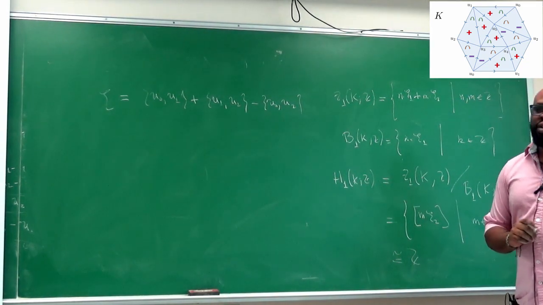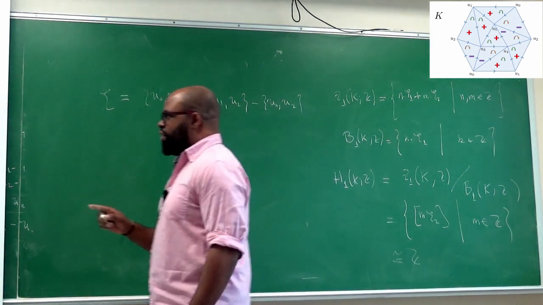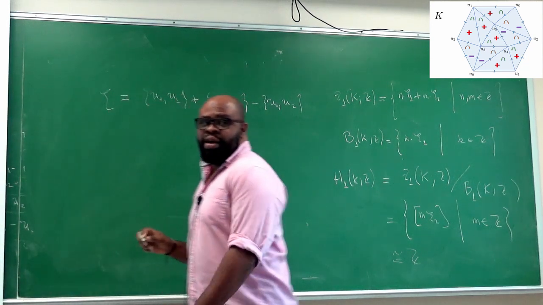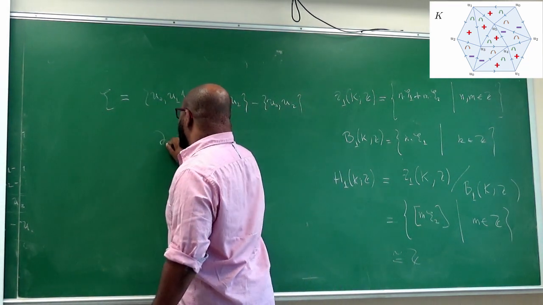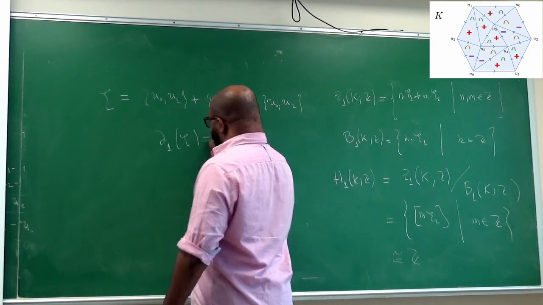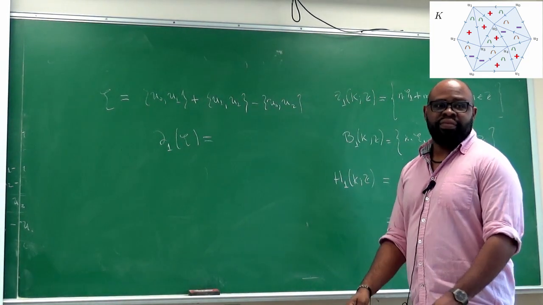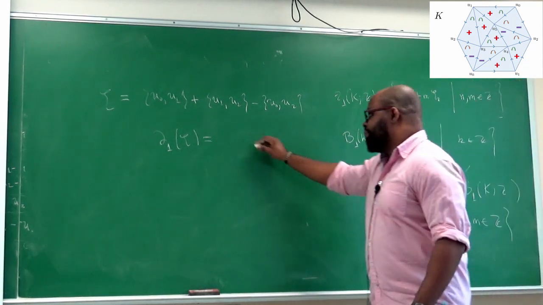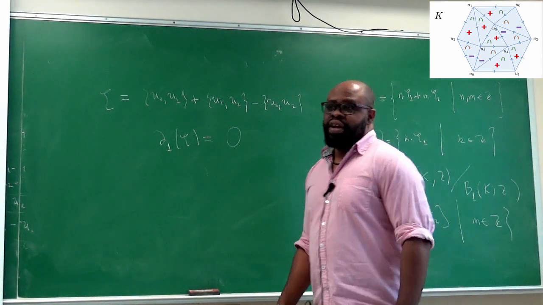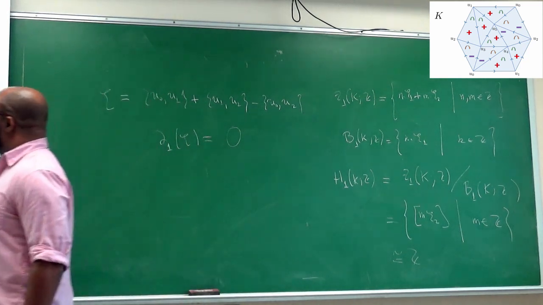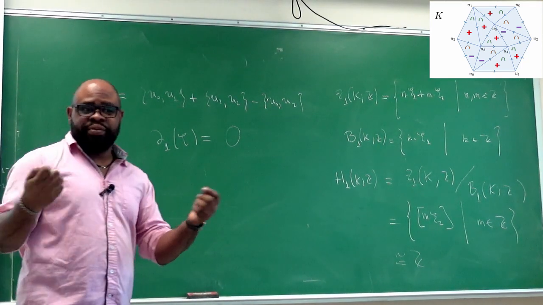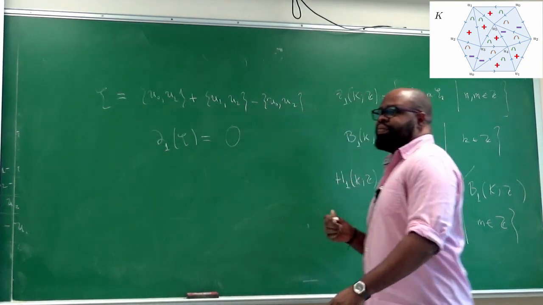If you look at that chain, it's essentially this border right here. What is the boundary of that? It is 0. How do I know? Because it starts and ends at u0. It's an actual cycle.